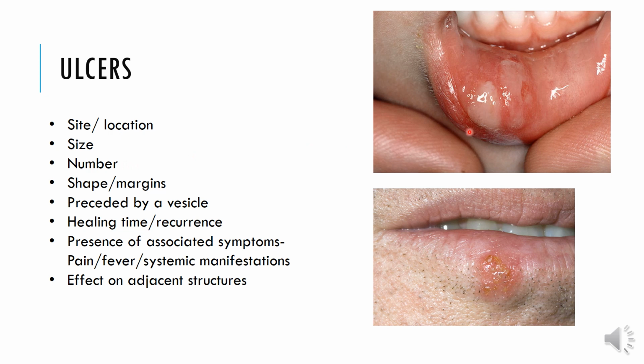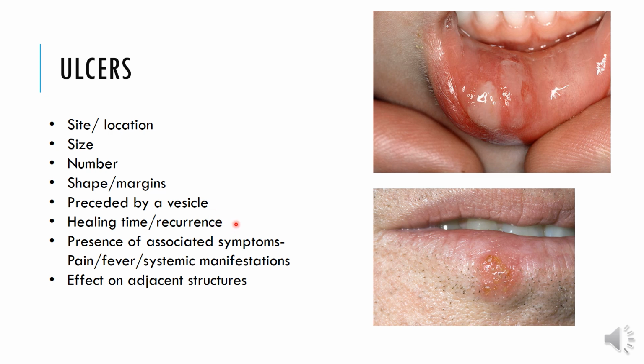For example, here you're seeing two ulcers, but they are very ill-defined. You can't really make out the boundary. They look like they are merging into the normal tissue, but they have a redness around them. And look at this ulcer here. These look like ruptured vesicles, and there is an ulcer formed here, but the rest of them are probably still forming into ulcers. So the shape, margin, whether the lesion is preceded by a vesicle.